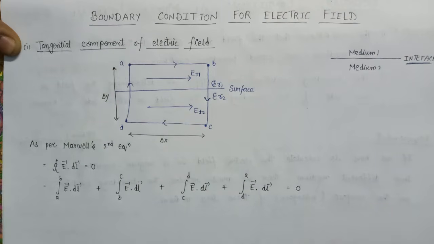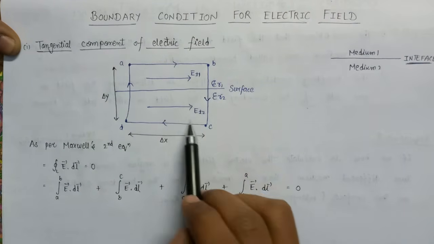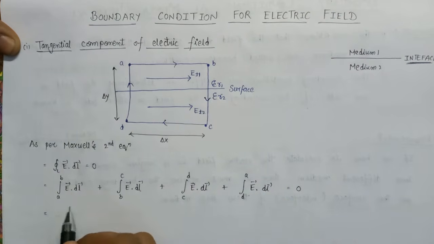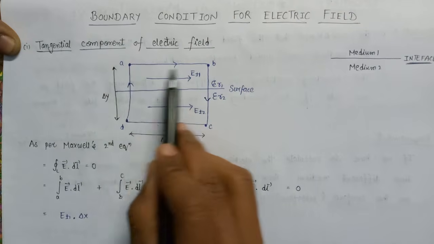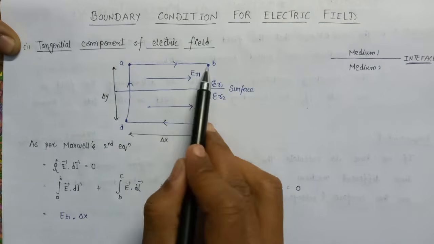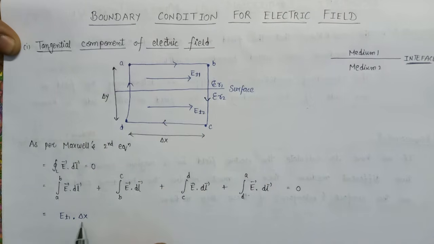Now we can write in terms of electric field component, that is tangential, that is ET1 and ET2, as this: E dot dl over the integral A to B can be written as ET1 dot del x, because the direction of the A to B is like this, and here also the direction is like this, that's why having the same direction, here is a positive term.